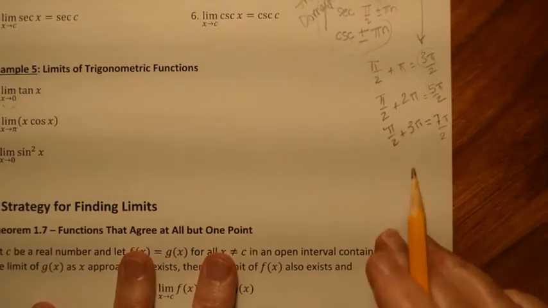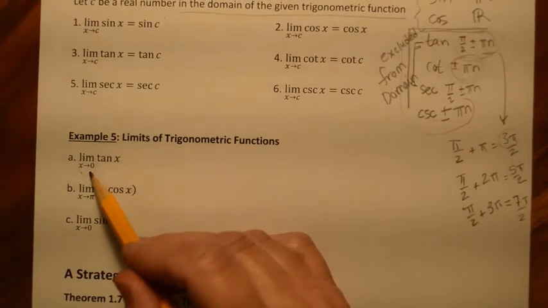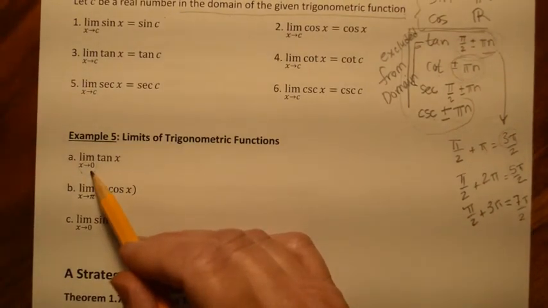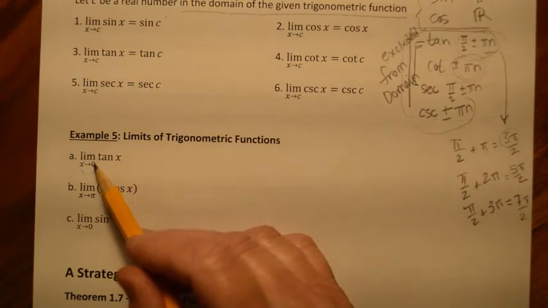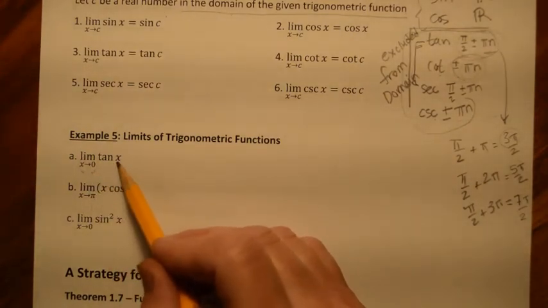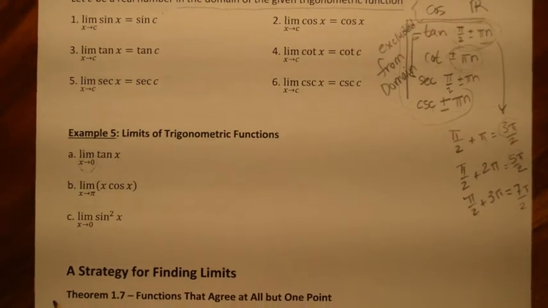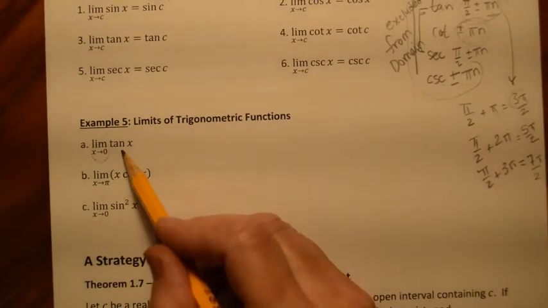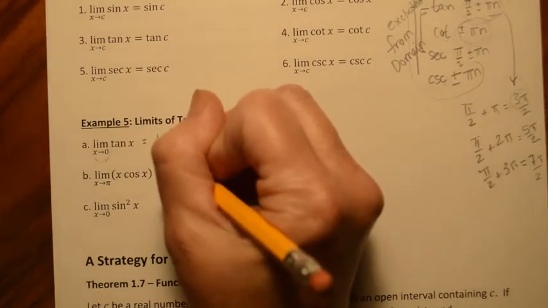When we look at this pattern here, that is not one of them. This is an even multiple of pi over 2 because it's 0 times pi over 2, right? So that says we can just substitute it in directly. So tangent of 0 is what this is equal to.